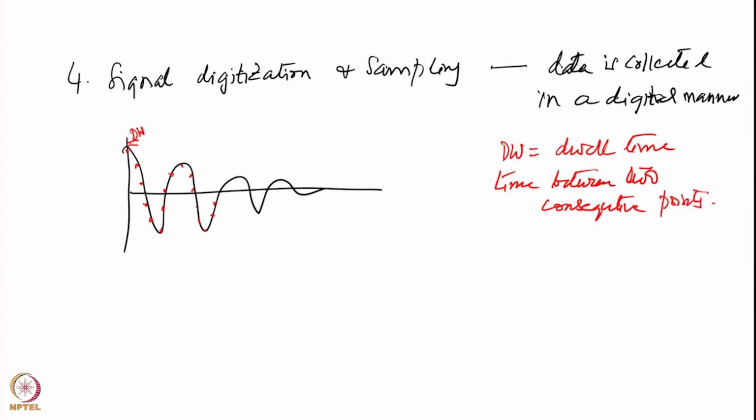Now of course we ask this question, how do we know what should be the time between two points? I have the FID. FID has various frequencies. So what should be the time in between? This is where a particular theorem called Nyquist's theorem comes into the picture.